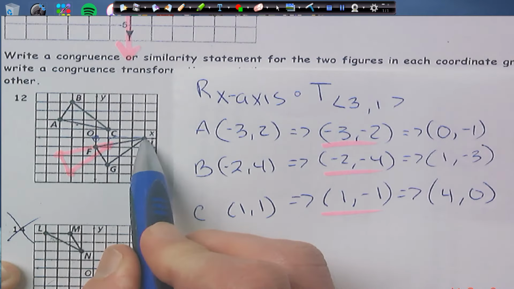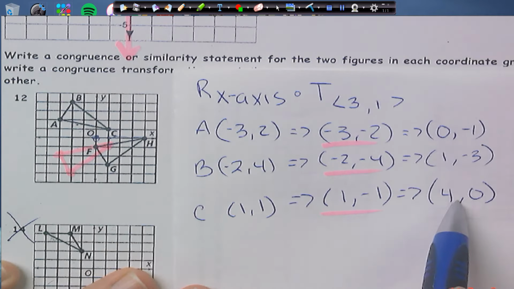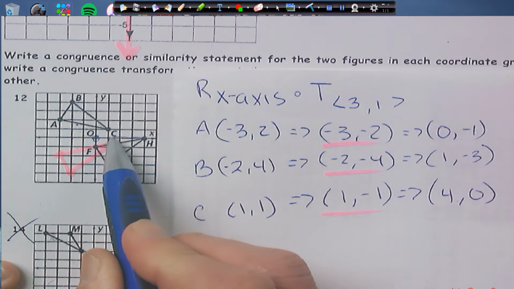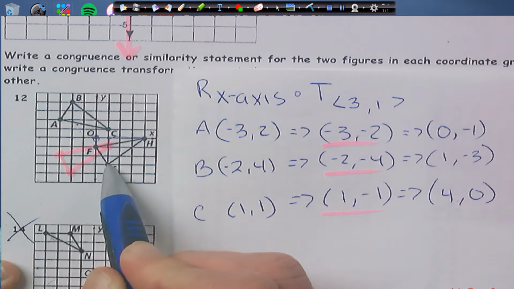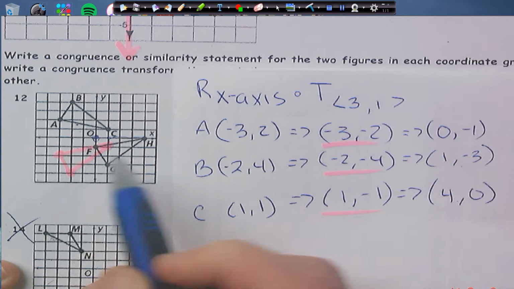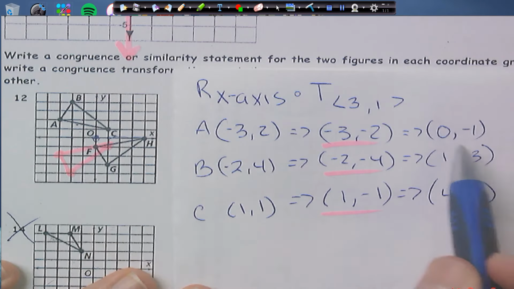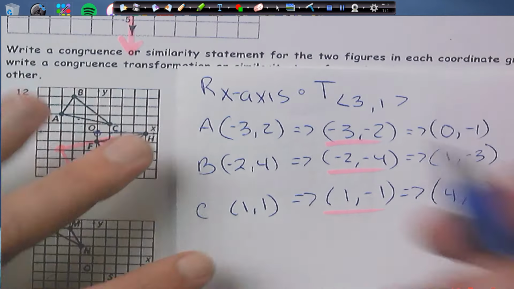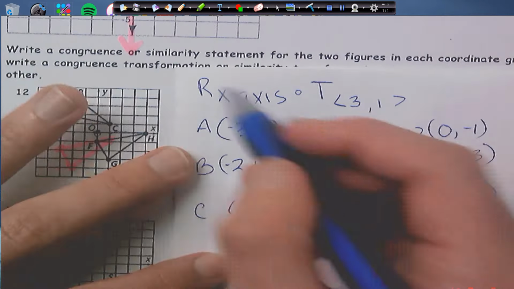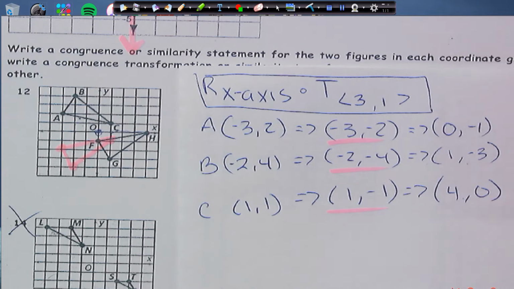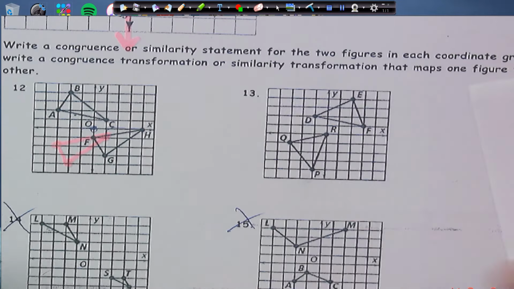This is at 4, 0. Check. 1, negative 3. Check. And 0, negative 1. Check. Okay, so our rule is correct. All right, so that's how we can do the point way. I also use the picture, so I like to do both. Let's try this next one.